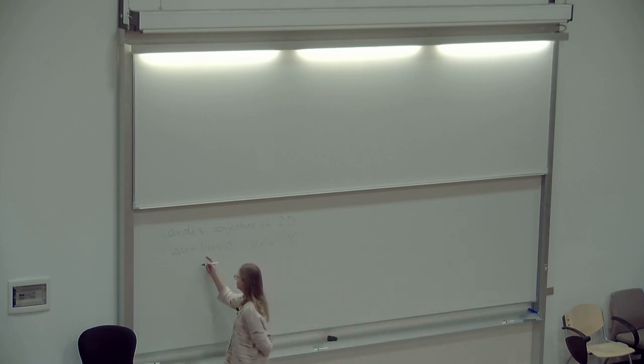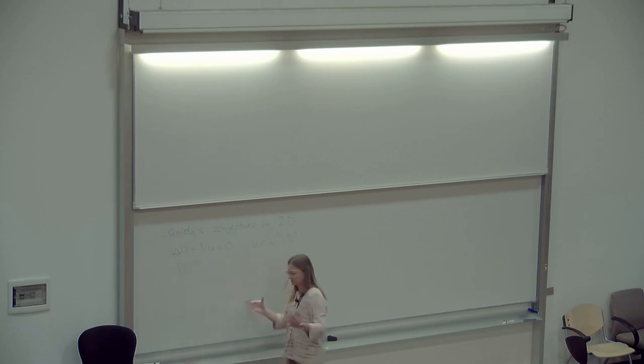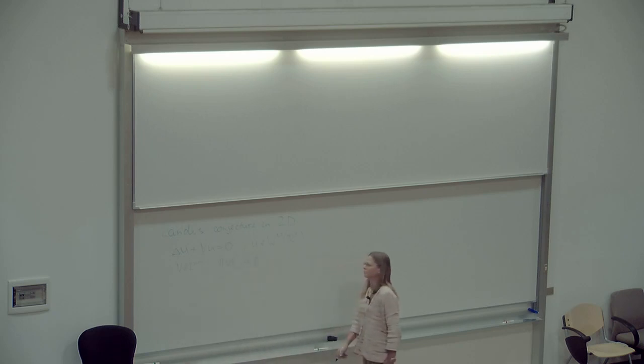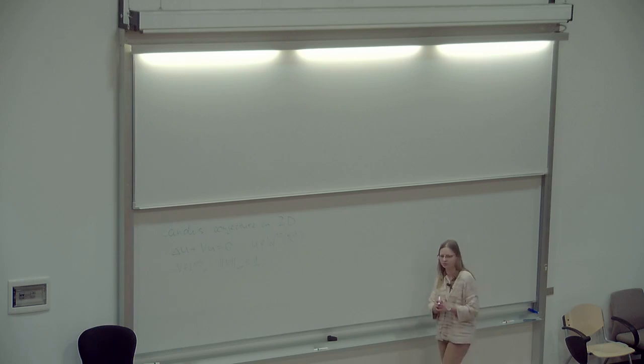The only thing that we assume about the potential is that it's in L infinity. We can always renormalize, so we will assume that the norm is bounded by 1. And we want to show that if the function decays too fast, then the function is 0.